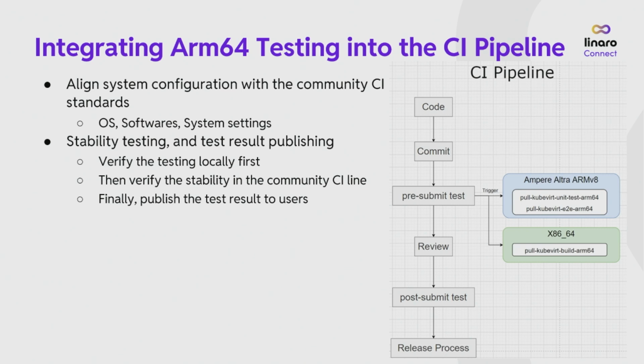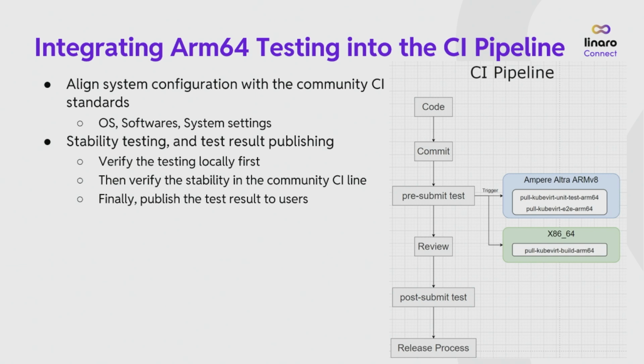Once it is stable, we can try to integrate the test into the community's CI lanes. But now the result is hidden from public. And if those tests keep passing, the community will publish the test result to users.